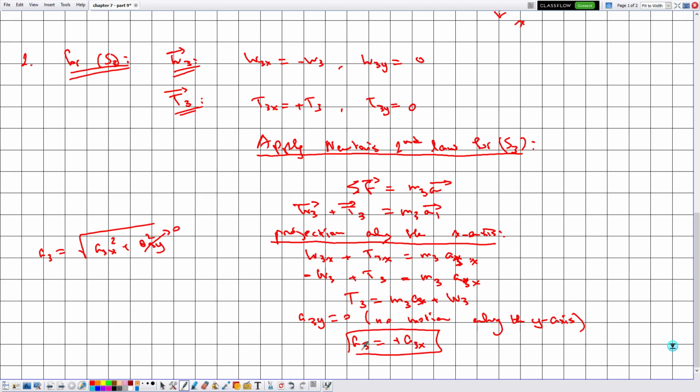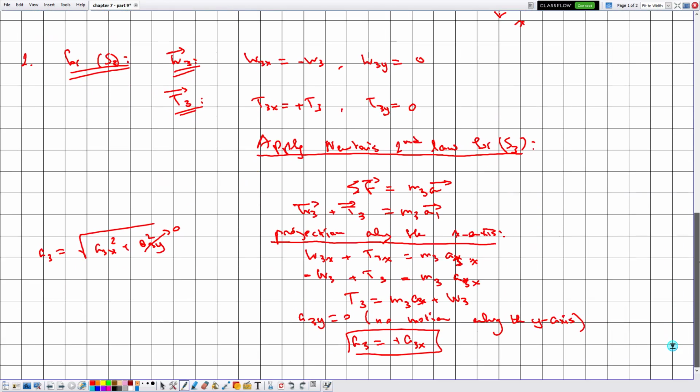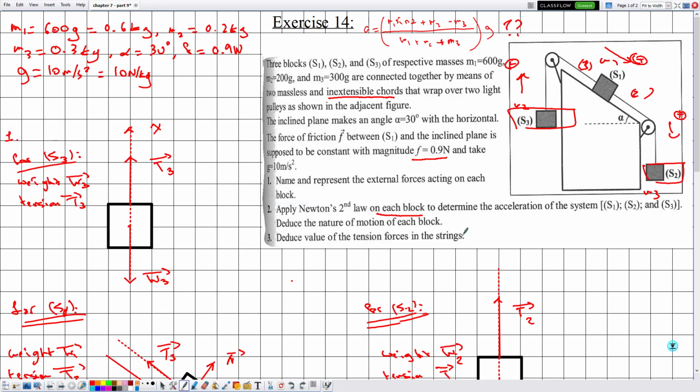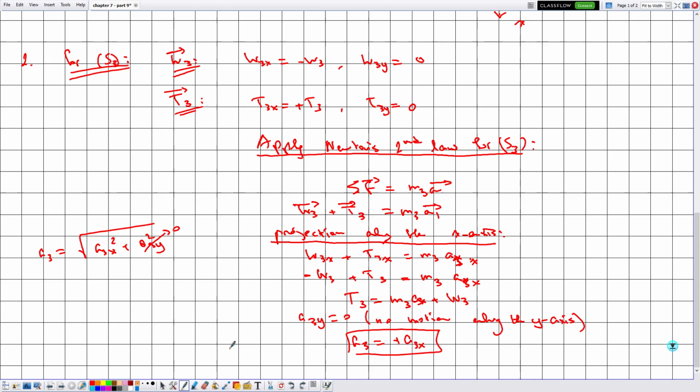In this case, T3 is equal to M3A3x plus W3. This is the first equation. Notice that in order to determine the acceleration, we need to equate between the tensions. So we are done with the solid S3. Now let's move to S2.